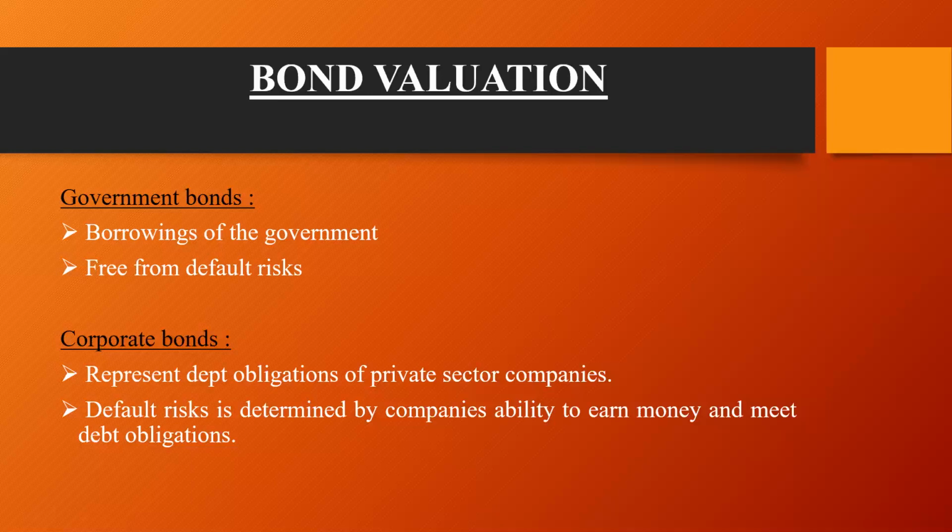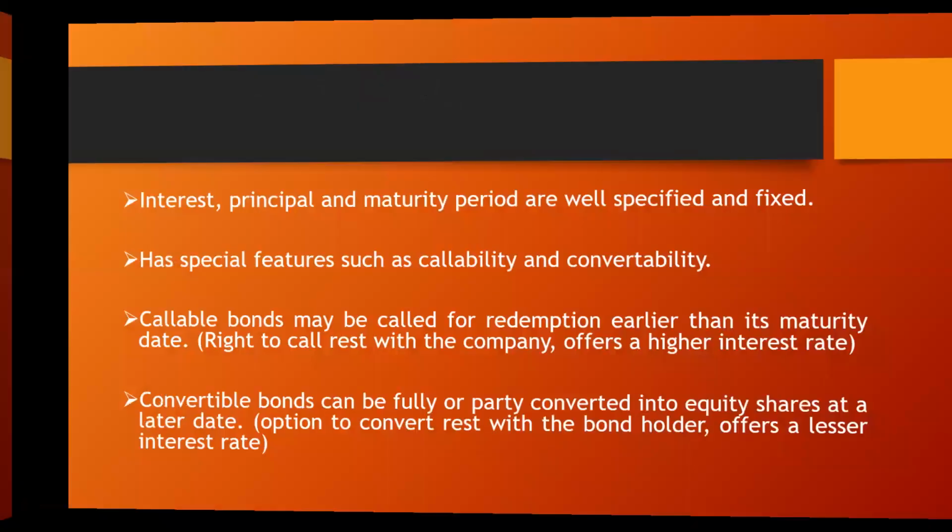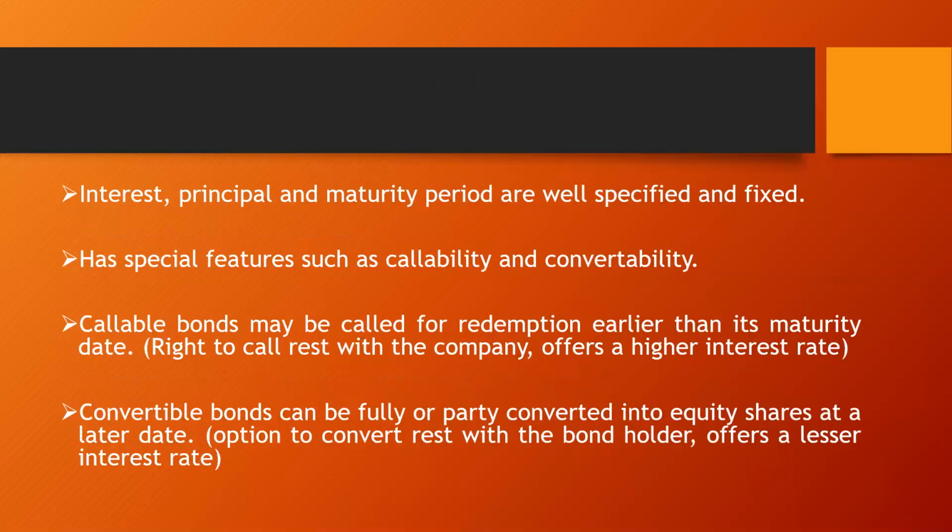Let us look into some of the features of bonds. The interest rate, the principal amount and the maturity period of a bond is predetermined and fixed at the time of issue itself. The face value of the bond is known as its principal amount. The regular returns, the fixed rate of interest, that is the interest rate or the coupon rate, and the holding period of the bond is known as the maturity period.